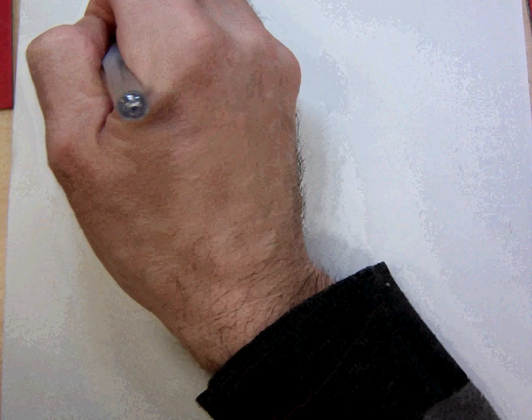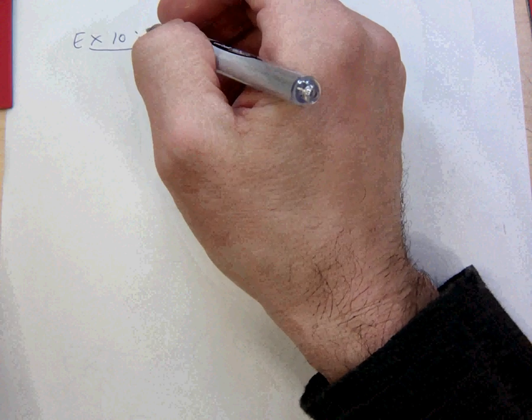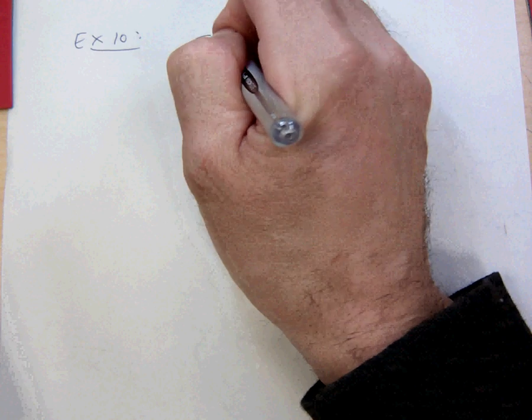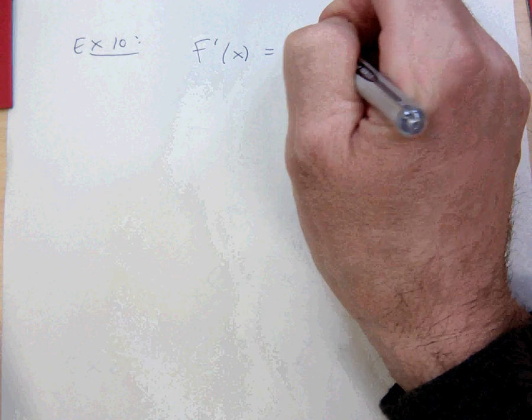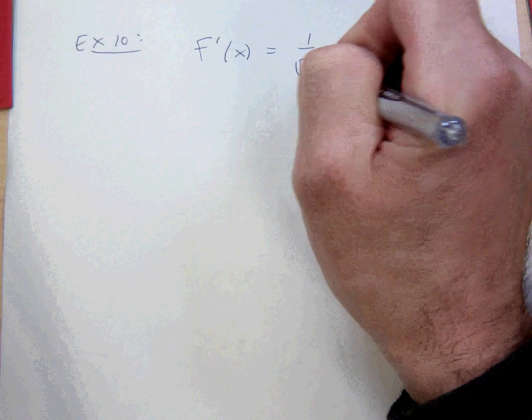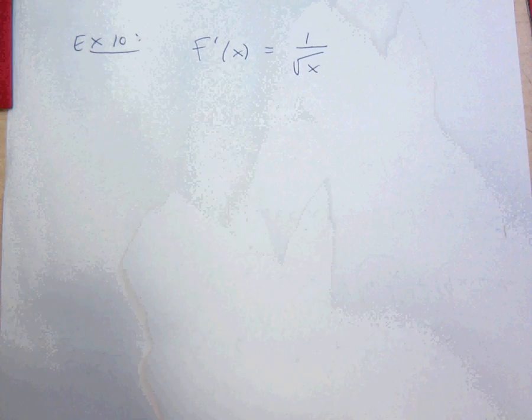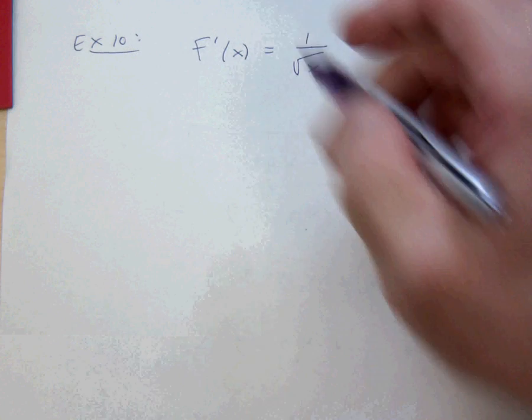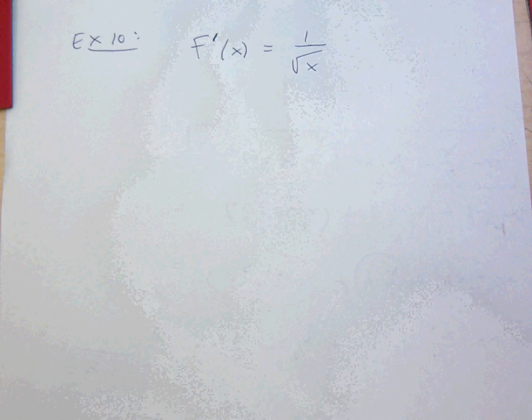All right, so example 10. Okay, now again, you're going to need a little bit of algebra 1 on this, and I did the algebra 1 on the last one.